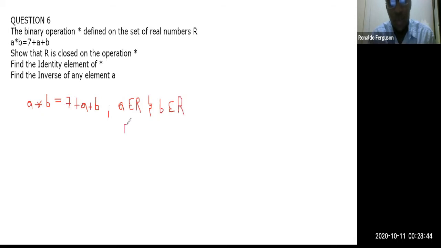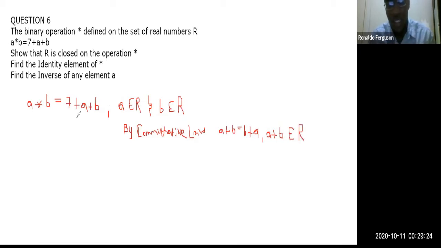Then by commutative law under addition, remember what commutative law states, we learned that A plus B is equal to B plus A, where A plus B is closed under addition, and the result is going to be a real number.